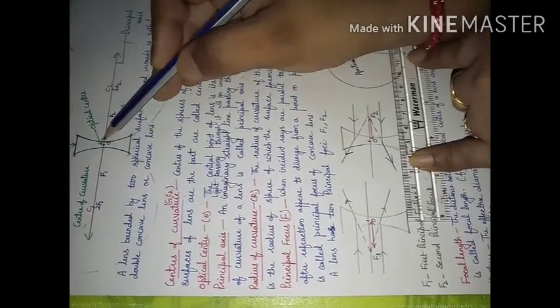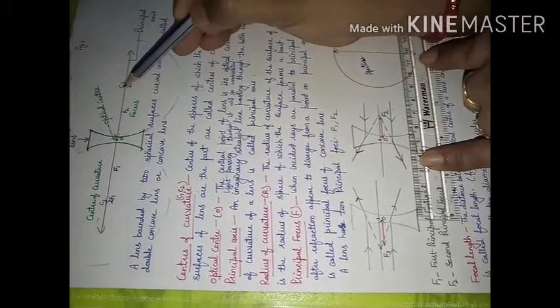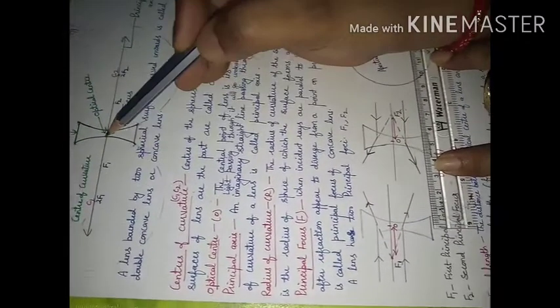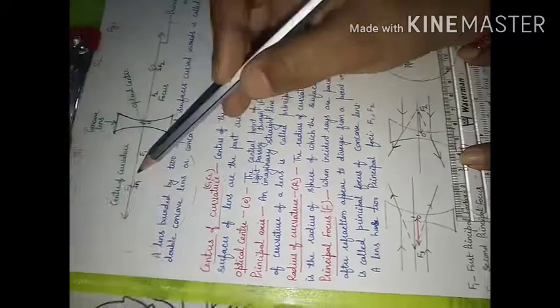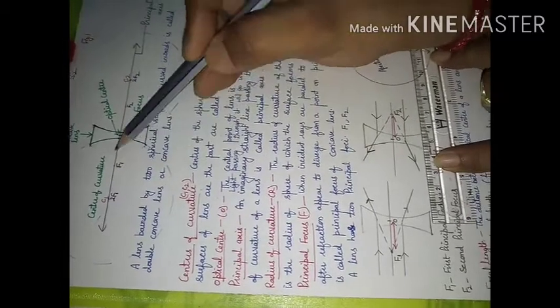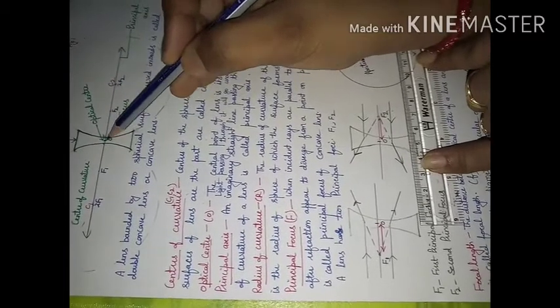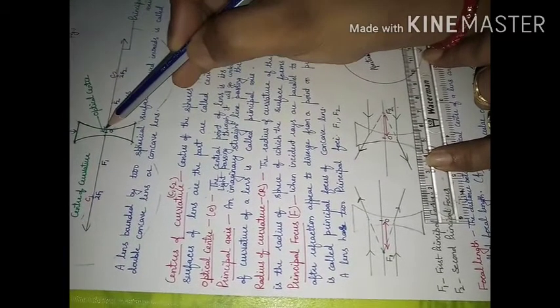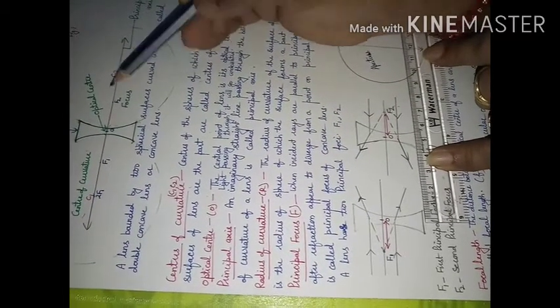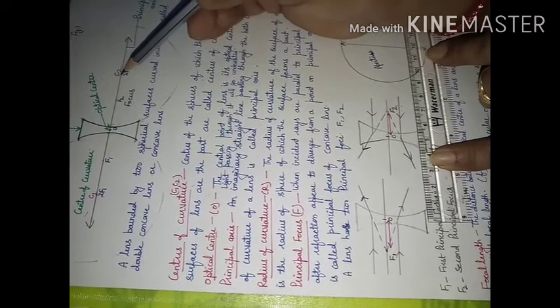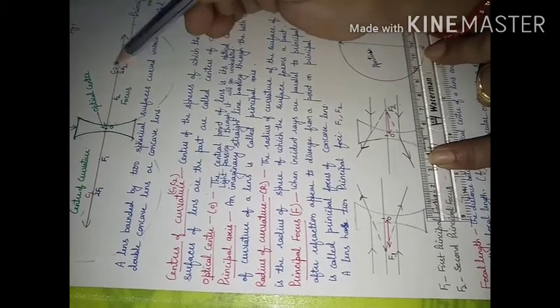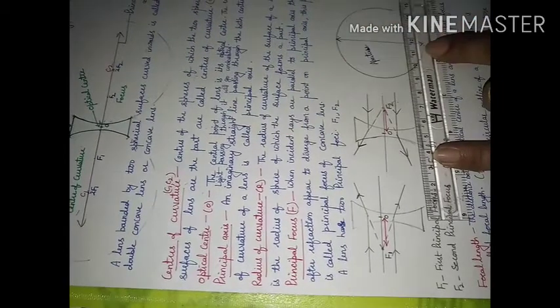For this sphere, this gap is the radius of curvature, and for this sphere, this distance from this point to this point will be known as the radius of curvature. For a thin lens, this is very thin, so we can consider the distance from this surface to this, or the distance from point O to C2. Both are going to be the same, and it is represented by r.